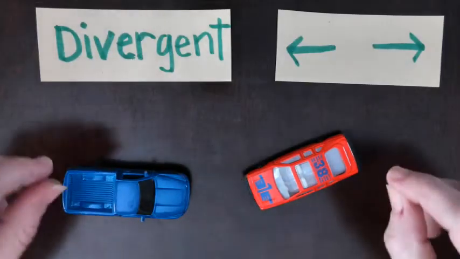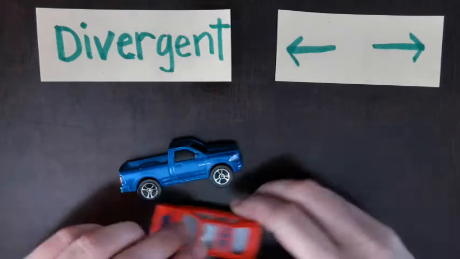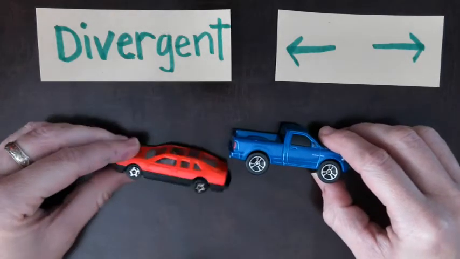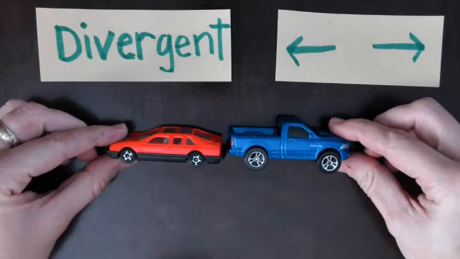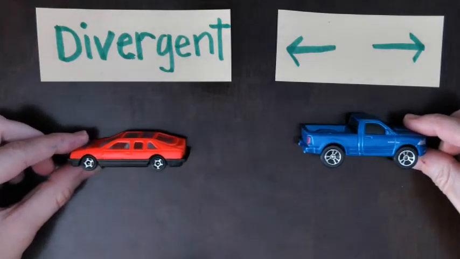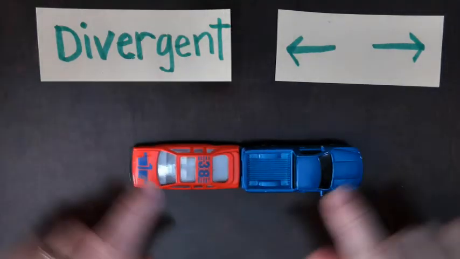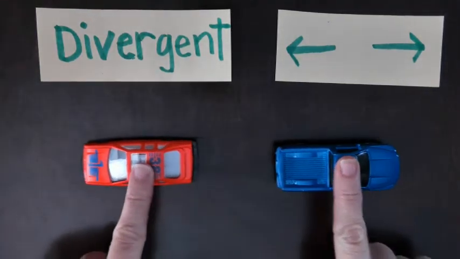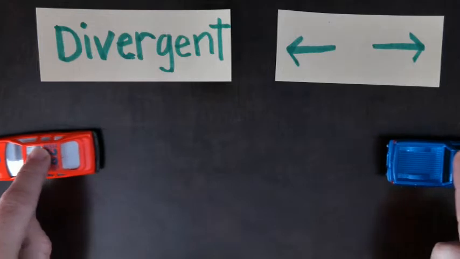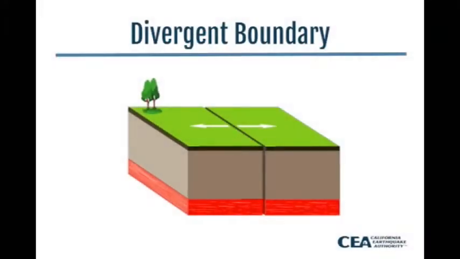Now the opposite can be said when you're talking about the movement of divergent. That just means instead of the plates coming closer together like convergent, it's the complete opposite. They're being pulled apart. So two plates that are side by side and next to each other, it's being divided.